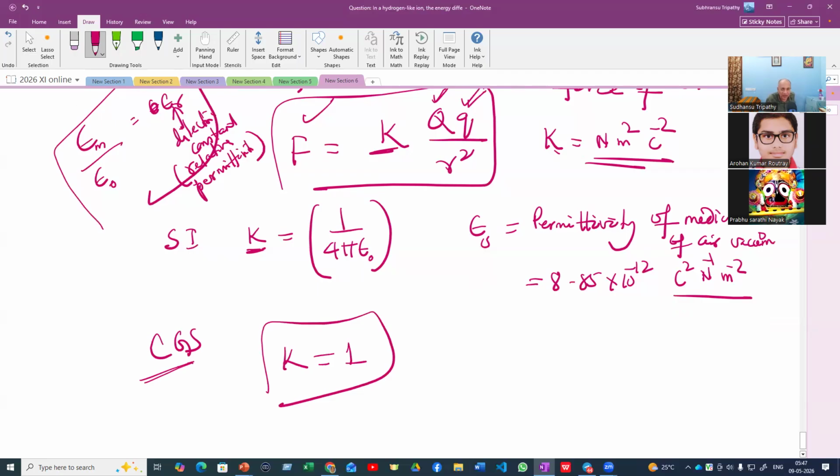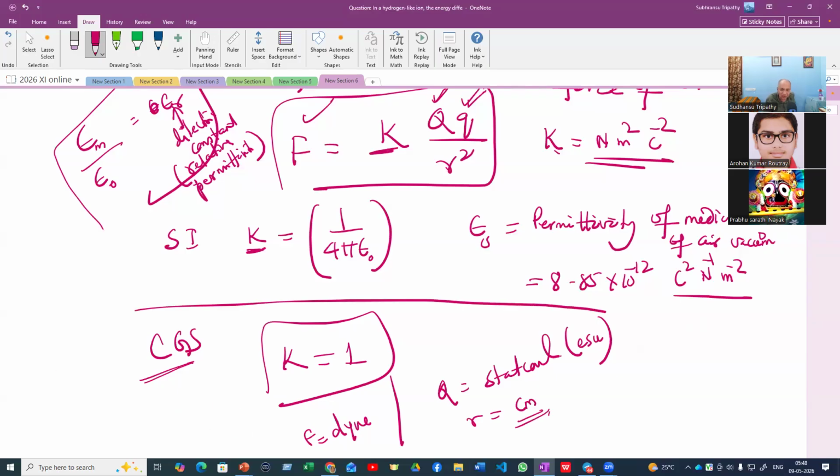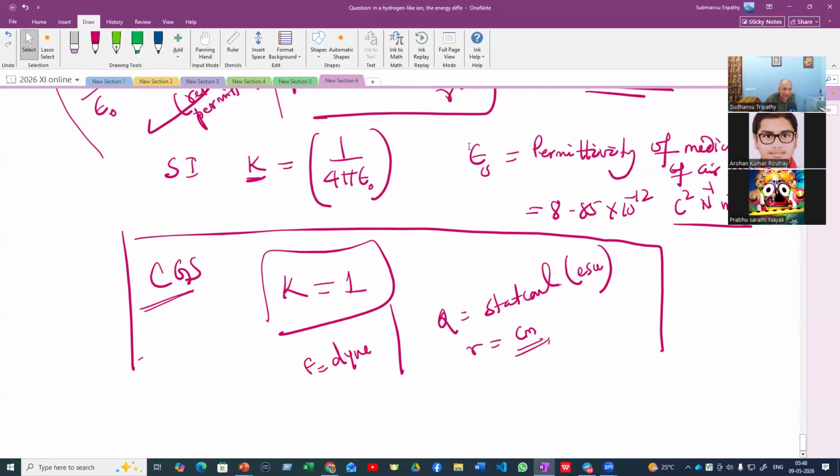So force is in dyne, and charge is in stat coulomb, or formally called electrostatic unit, and distance is in centimeter. This is CGS. Force is in dyne, and K value is 1.